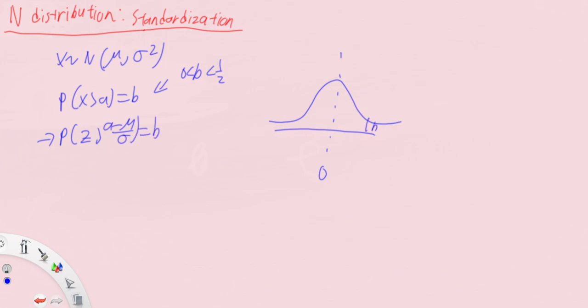So at the same spot, but now this part is (a minus mu) over sigma, and this we know equals the inverse norm of b. Okay, so we can equate it as (a minus mu) over sigma equals the inverse norm of b, which is z_b.